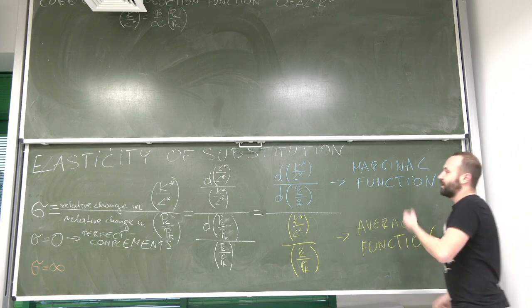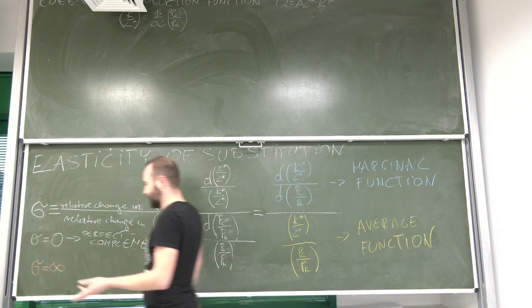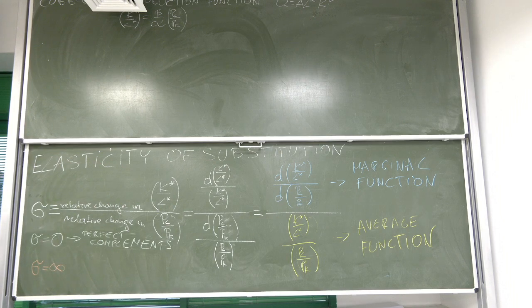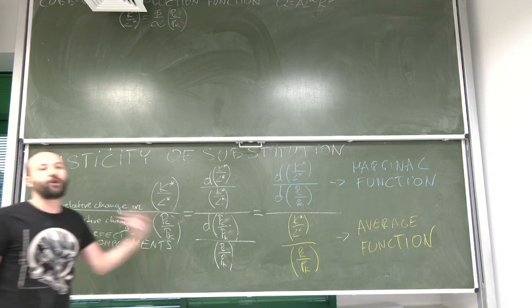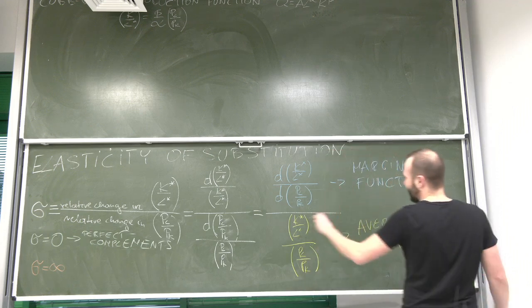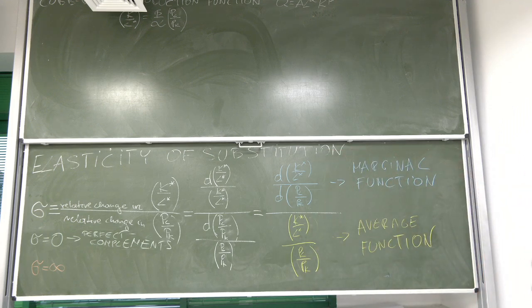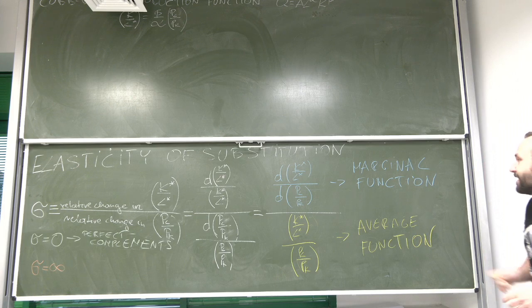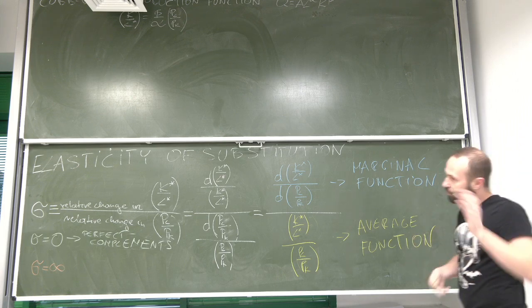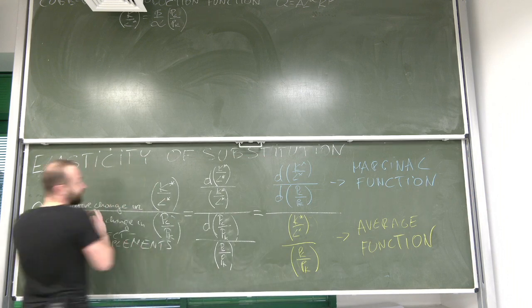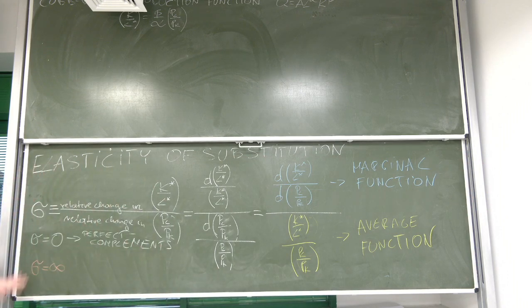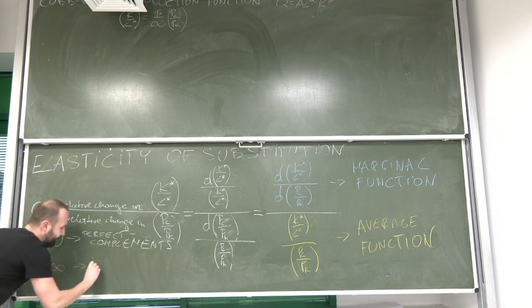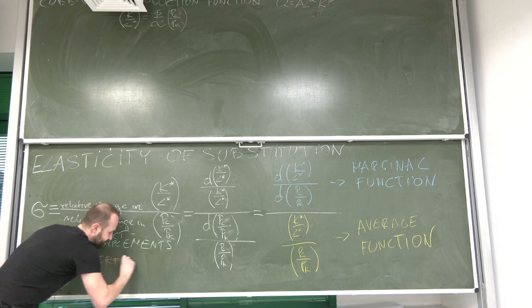Why? If we have a production process where we can substitute two factors of production perfectly, capital for labor, what is going to happen if the capital price is higher than the price of labor? Well, then we hire only labor. And if the price of labor is higher than the price of capital, we hire only capital, right? So this is the case where we would say that we've got sigma approaching infinity, and this is the case where we've got perfect substitutes.